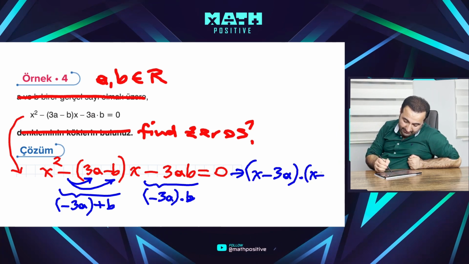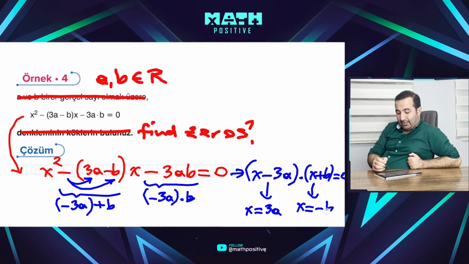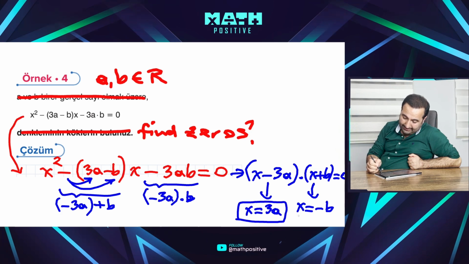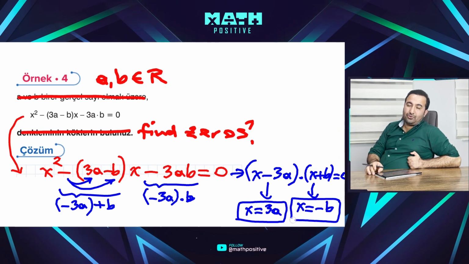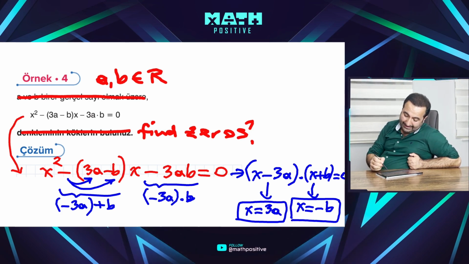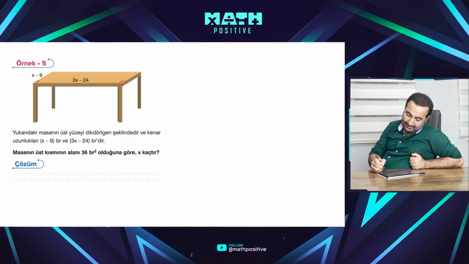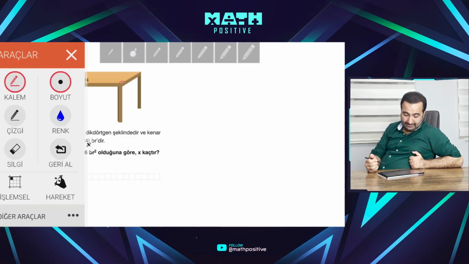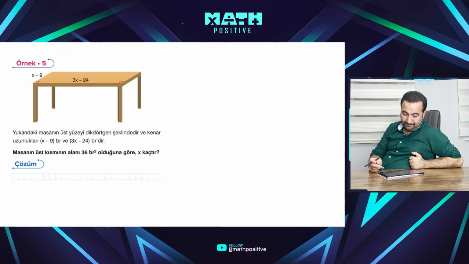So the factorized version will be x minus 3a times x plus b equals 0. Then we have roots x equals 3a and the other one x equals minus b. Our solution is like this, and the set of solutions will be 3a and minus b for this quadratic equation.